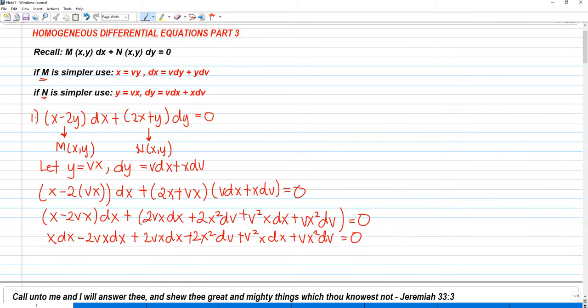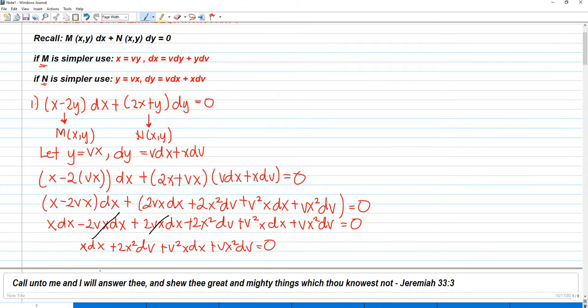This is negative 2vx dx and this is positive 2vx dx, so these cancel. And we are left with x dx plus 2x squared dv plus v squared x dx plus vx squared dv equals 0.